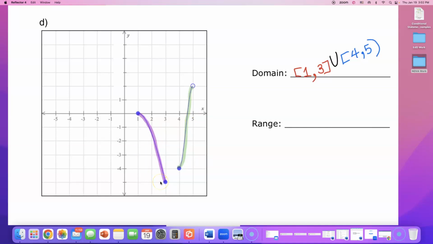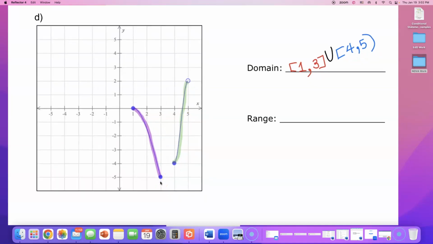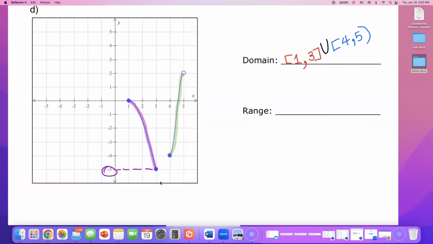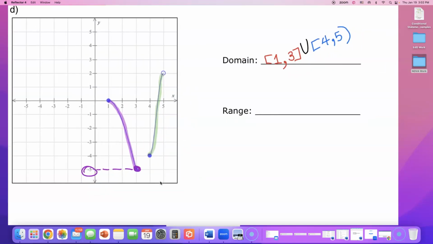The lowest point of this purple piece is -5, right? So it goes from -5. Looking at this closed circle, I'm going to say bracket -5, comma. And look, it goes up. It goes up to 0.